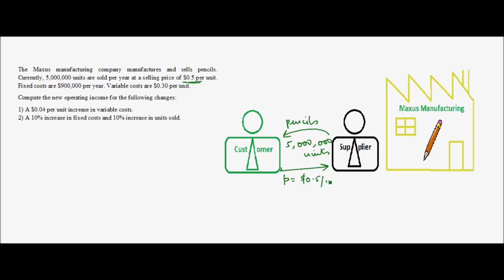$0.5 per unit. Now Maxus Manufacturing has leased this manufacturing facility. So it is supposed to pay an amount of $900,000 per year to the owner. So this is the fixed cost.